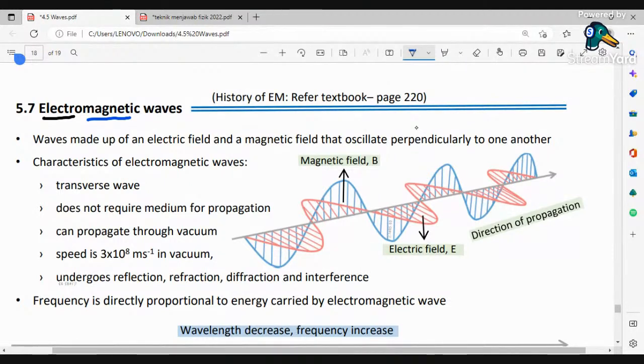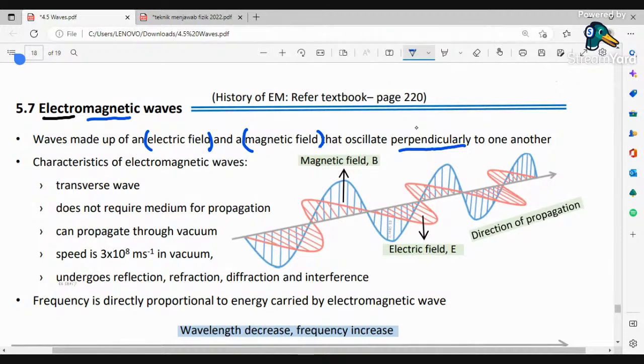A wave made up of electric field and magnetic field that oscillate perpendicularly to one another. You can see the red color is horizontal, this one is the electric field. The one which is vertical, the blue color, is the magnetic field. So the angle between magnetic and electric is 90 degrees. That's why we call it perpendicular to one another.